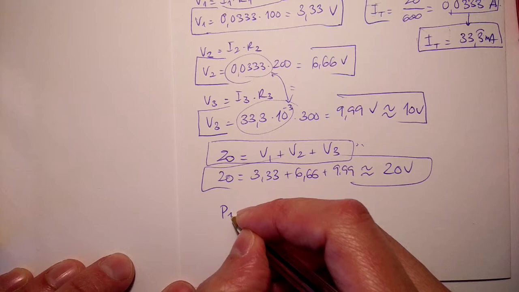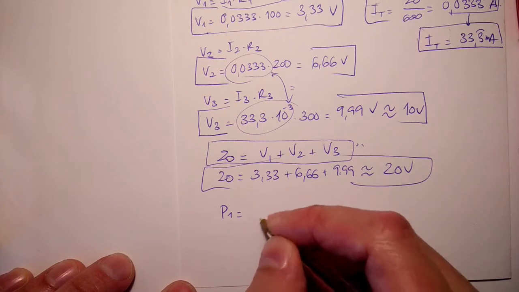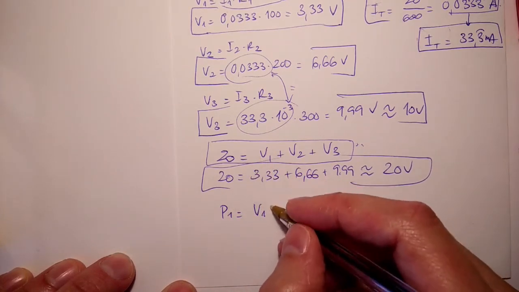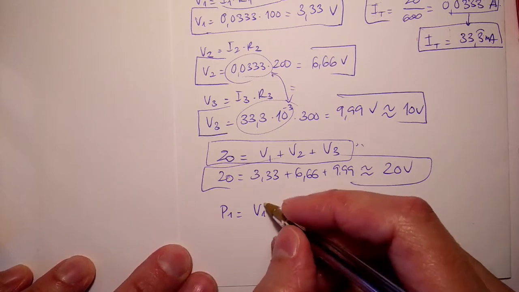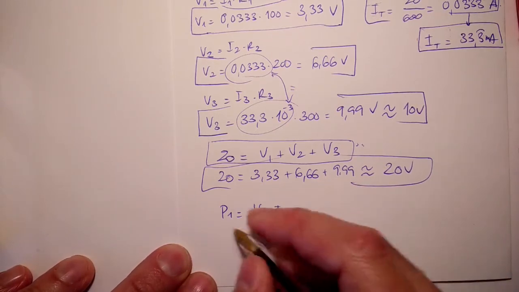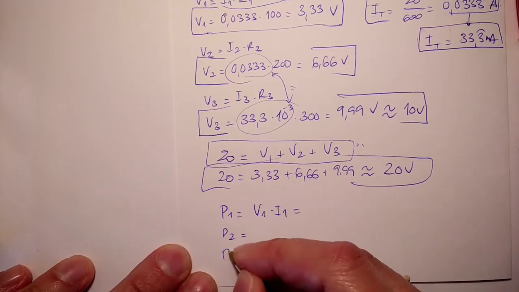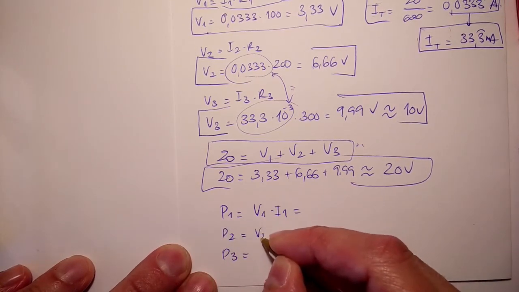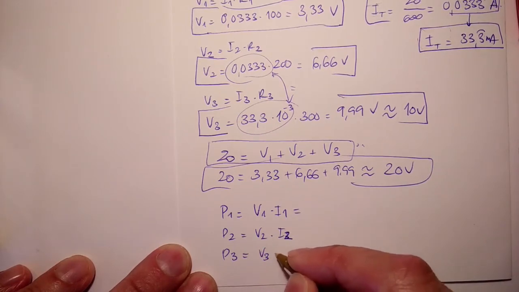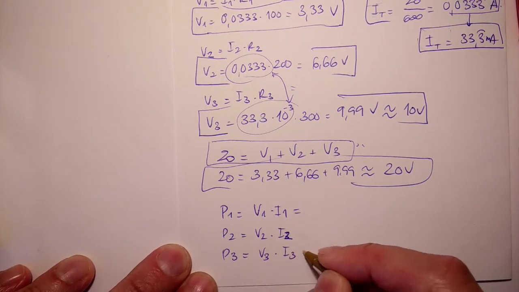What do I have to do to calculate the power? Power, P1, is equal to voltage, V1, multiplied by current, I1. It's the same for power P2 and power P3. You can calculate these values.